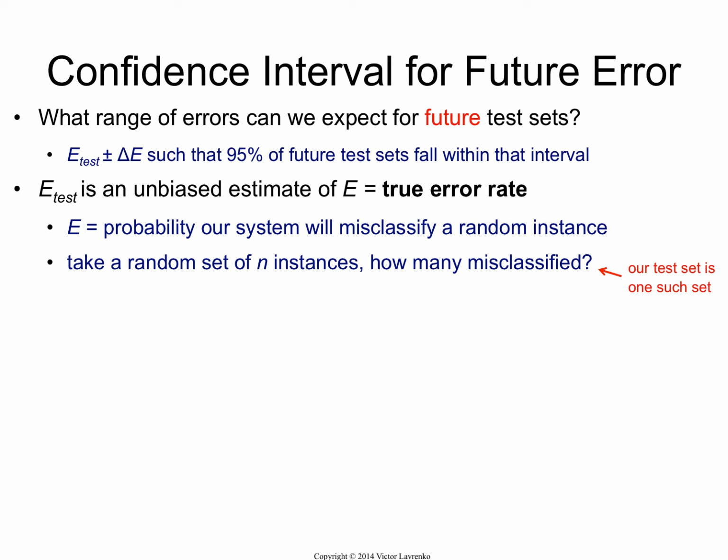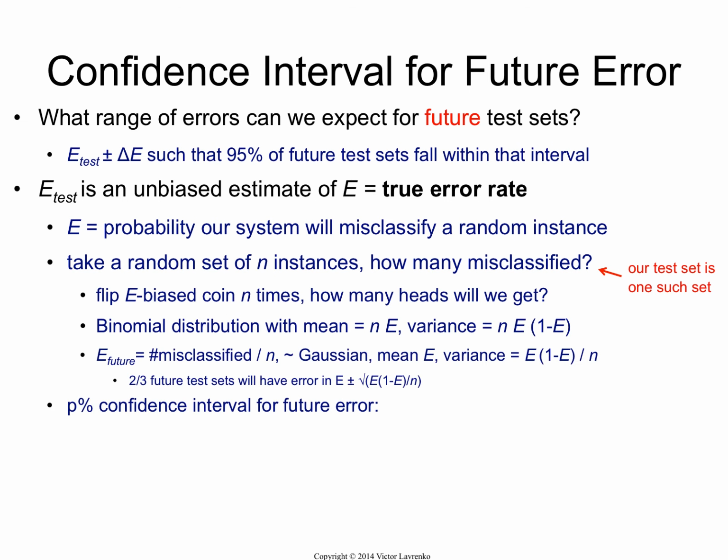So what if we take a random subset of n instances that comes tomorrow, and E is the true error rate? How many instances would be misclassified? That's simple to estimate because our classifier operates independently for each one of the instances, right?